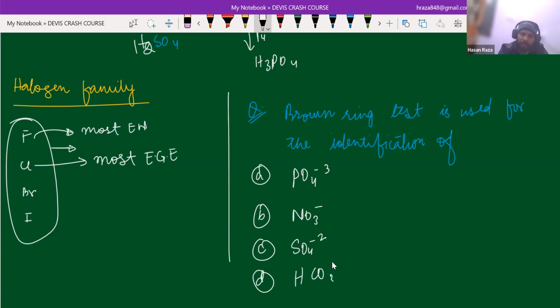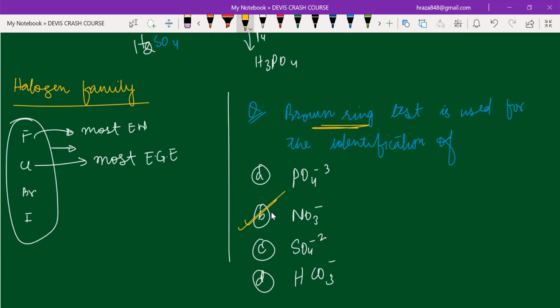This type of question you will only be able to solve if you read your notes or the NCERT. So the brown ring test is basically for NO3-. Did you know it? No. Okay, so you need to revise your notes as well as NCERT.